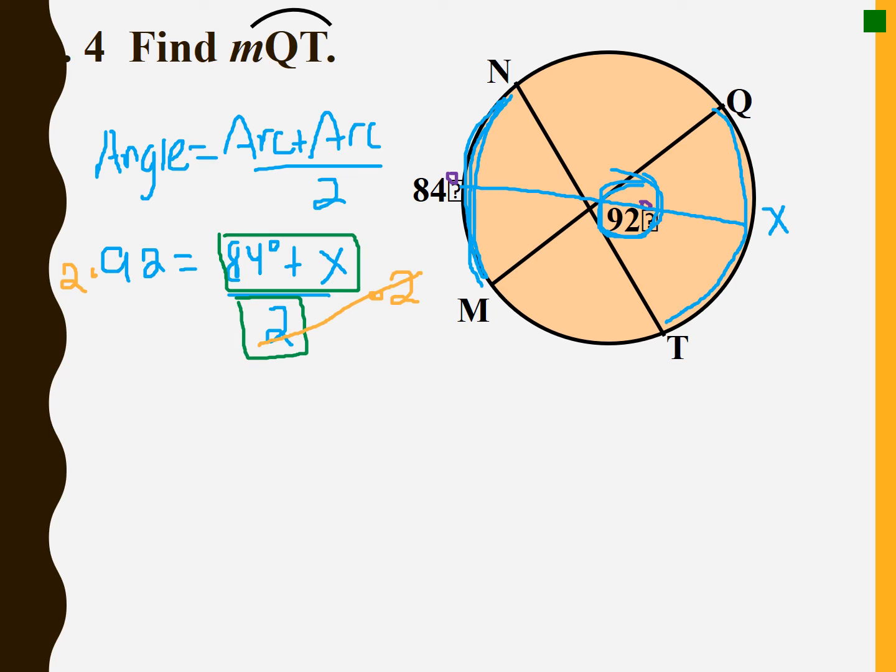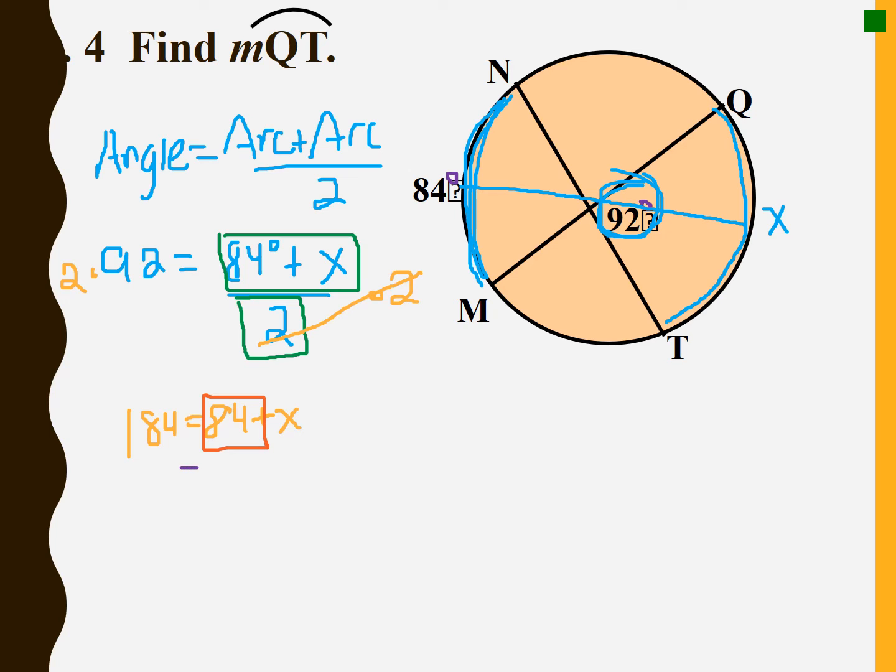And you get 184. So 184 equals 84 plus x. Now to solve this one, we're trying to get rid of this 84. So we do the inverse operation, which right now is a positive 84.